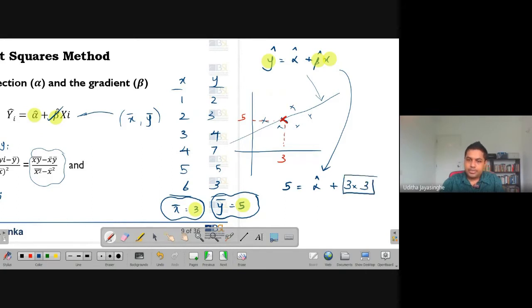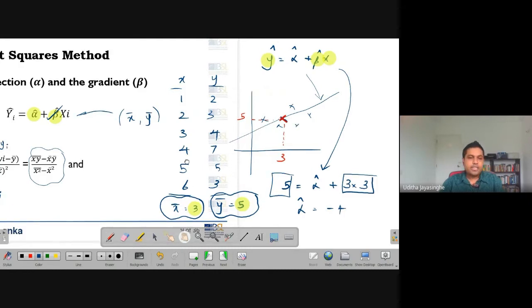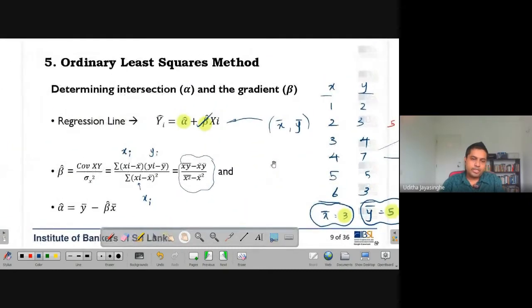So with this data point, we can calculate alpha as -4. That's the only method to calculate alpha and beta under the OLS method with the computation of beta by this covariance and variance.